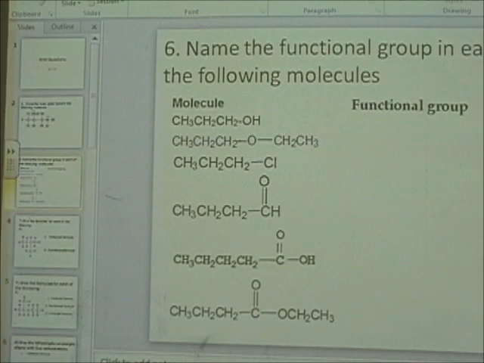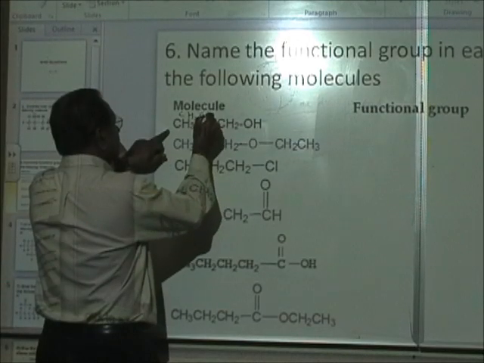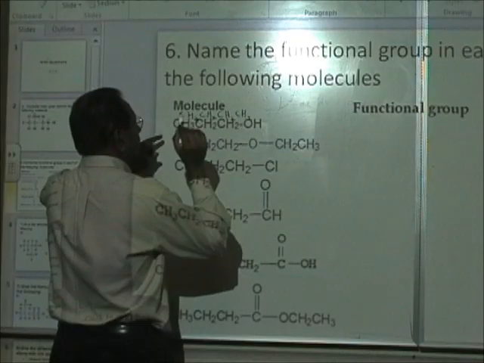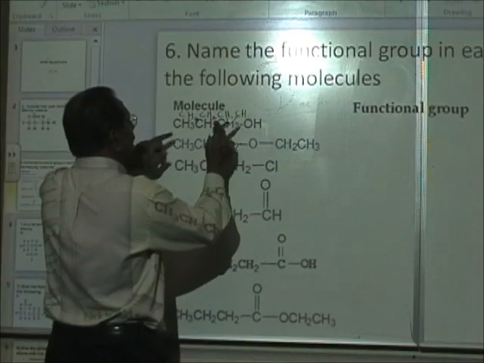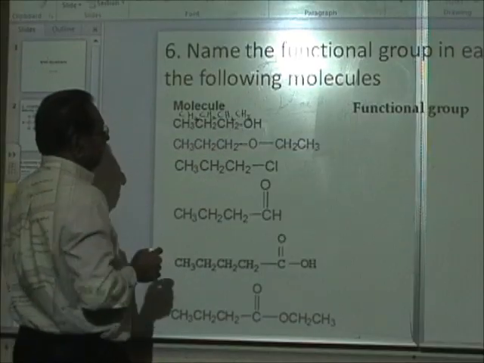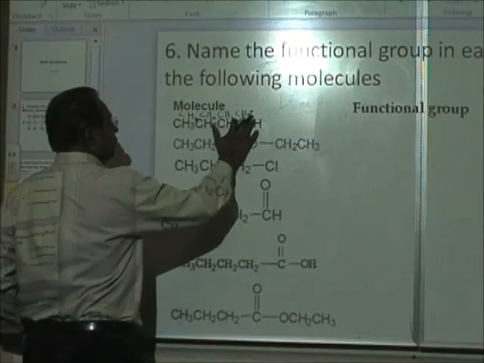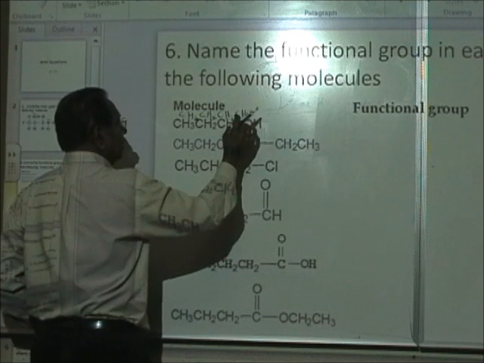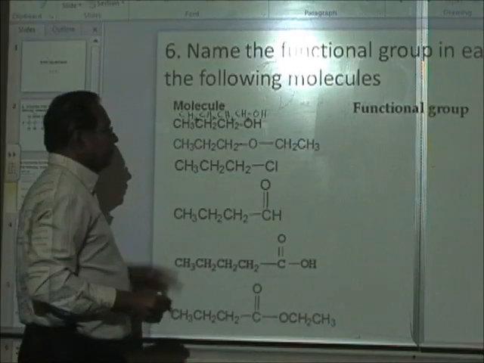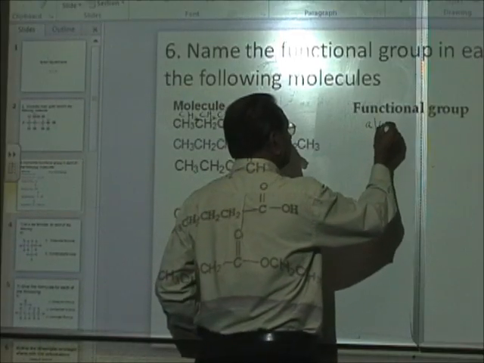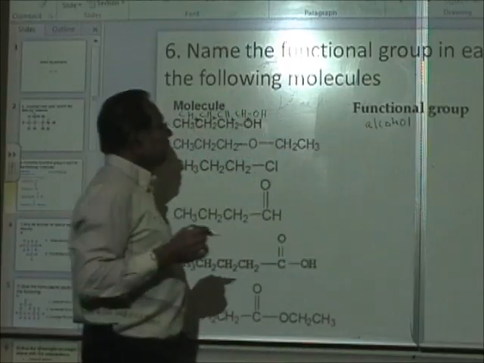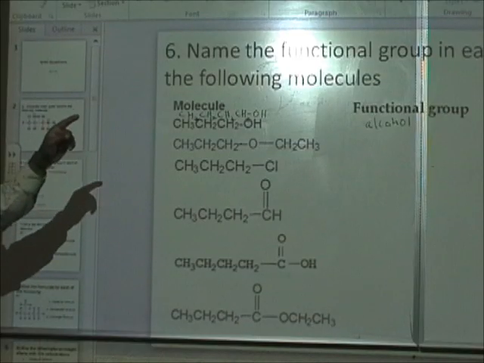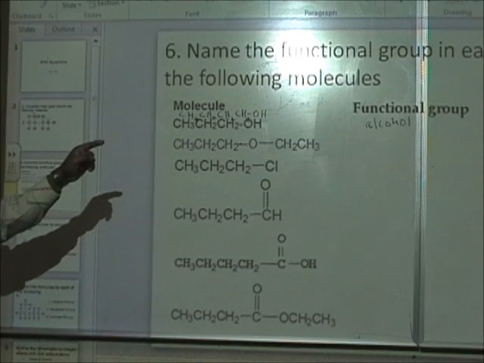The first one is the condensed formula for a hydrocarbon with 4 carbon atoms. If you take out one hydrogen, that leaves a vacant bond, and then you put an OH group there, it becomes an alcohol. The functional group is an alcohol group.